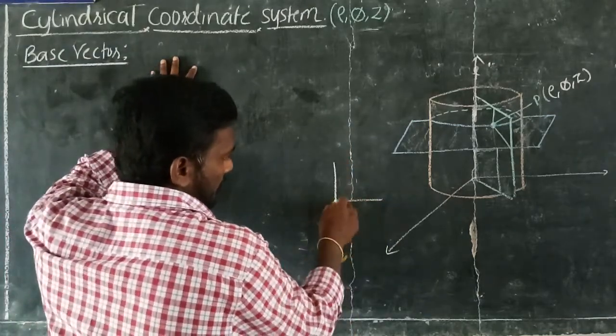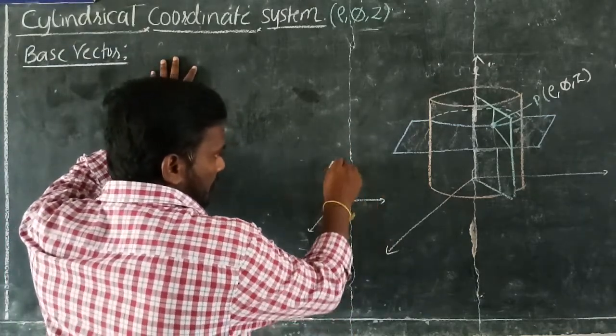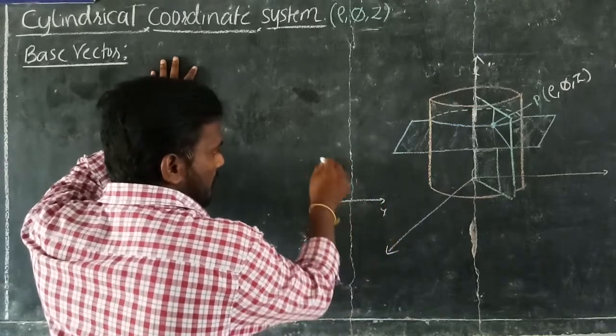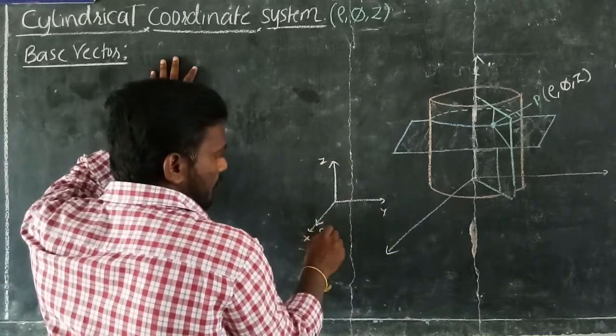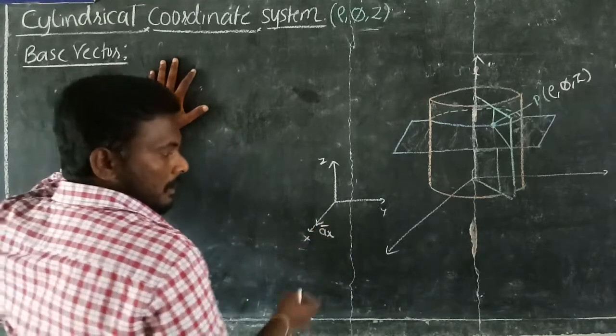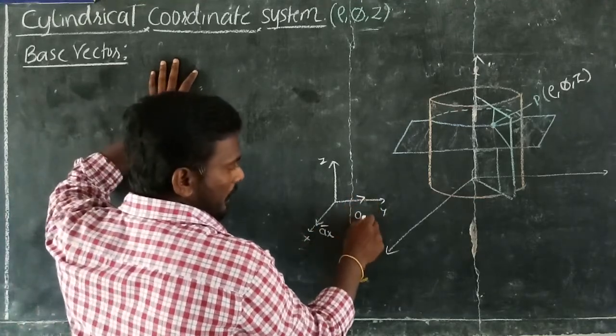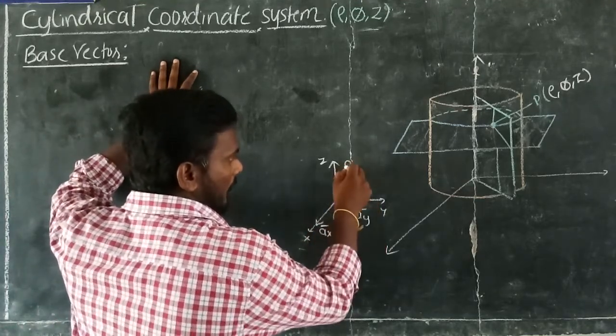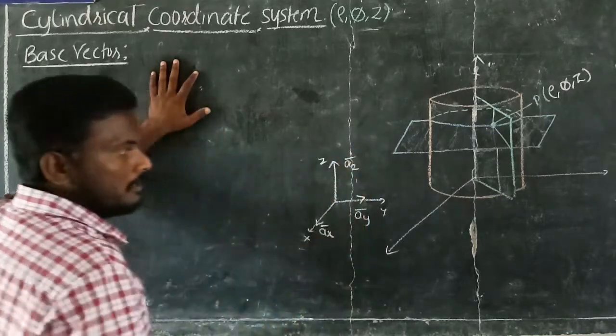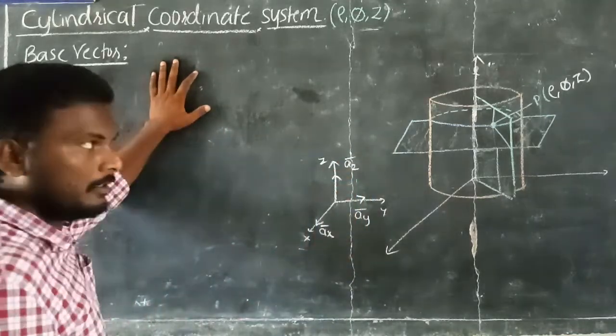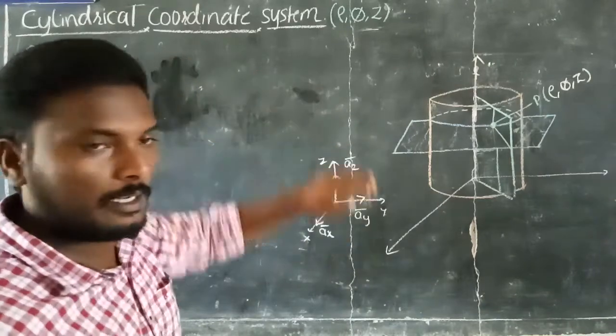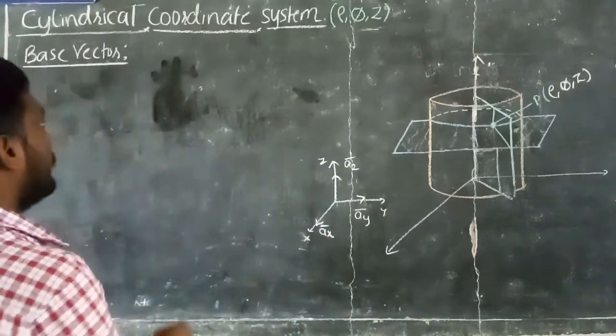See, this is the Cartesian system: x-axis, y-axis, and z-axis. Your ax bar is oriented along the x-axis, ay bar along the y-axis, and az bar along the z-axis. Now, similarly, in the cylindrical coordinate system, what are the unit vectors?